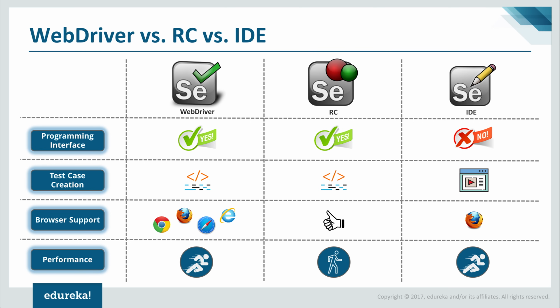So even though RC used to support all the browsers, there were other problems with Selenium RC. Now, those differences and those problems are not possible for me to explain right now. And if you have doubts, you can get in touch with me, or you can get in touch with Edureka in one of our future webinars. We can discuss the very same.